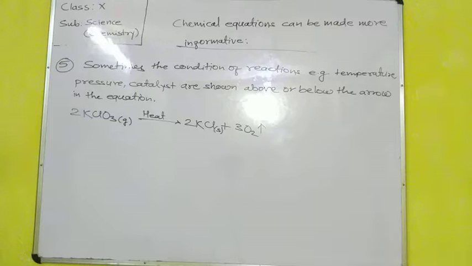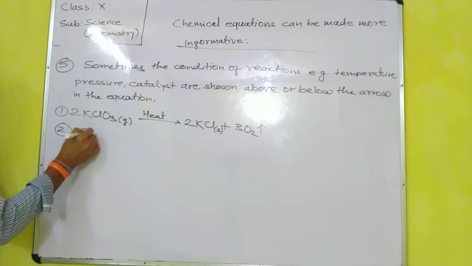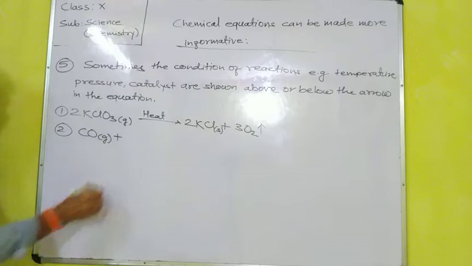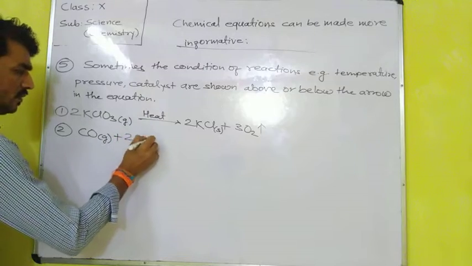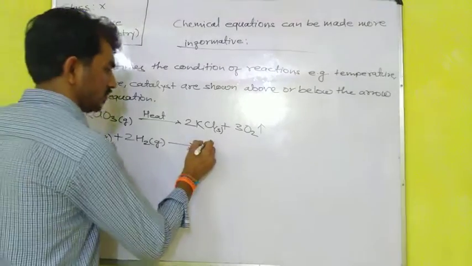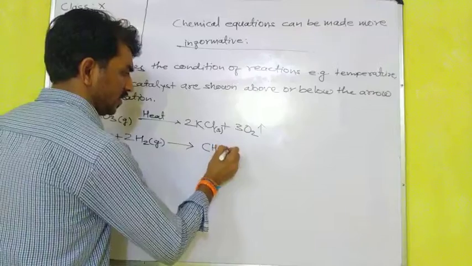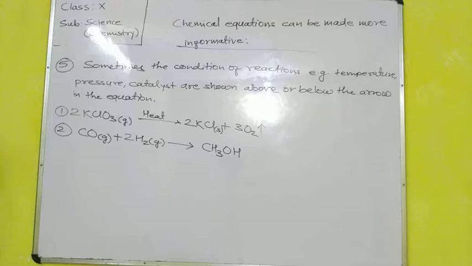Second, when carbon monoxide gas reacts with hydrogen gas, it forms methanol, CH3OH, which is known as methanol or methyl alcohol.